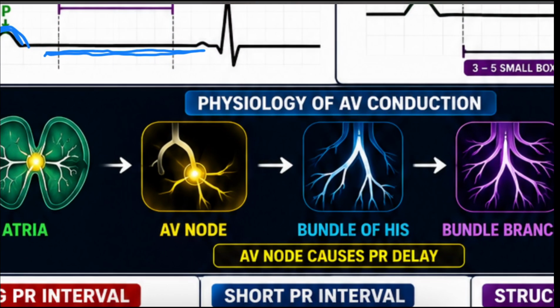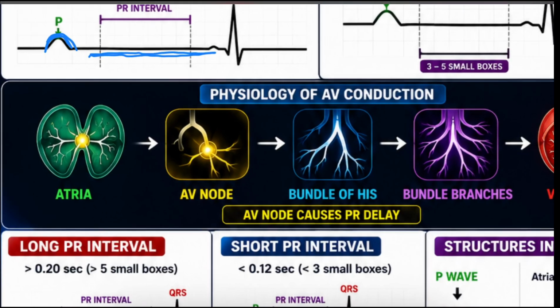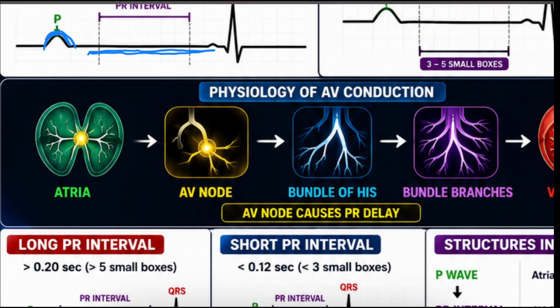So why is there a delay? Many students ask this question: why doesn't the impulse immediately reach the ventricle? Because the AV node acts like a traffic signal. The AV node slows down the electrical impulse. This delay allows the atria to contract first, then the ventricles to fill with blood, and then efficient pumping.